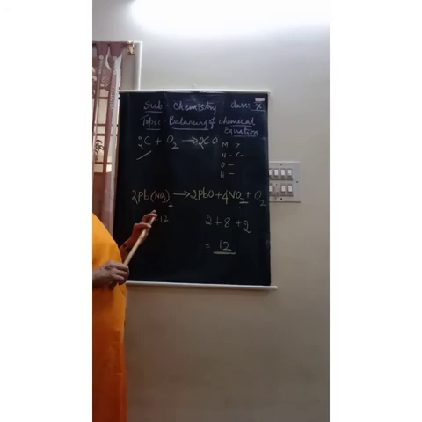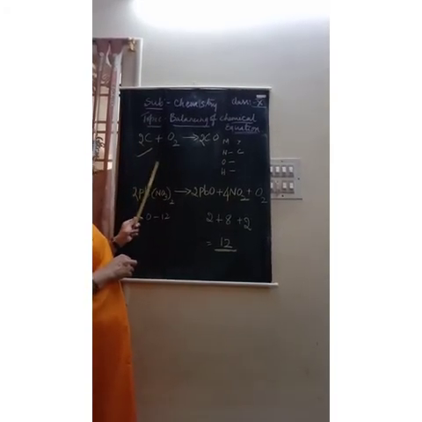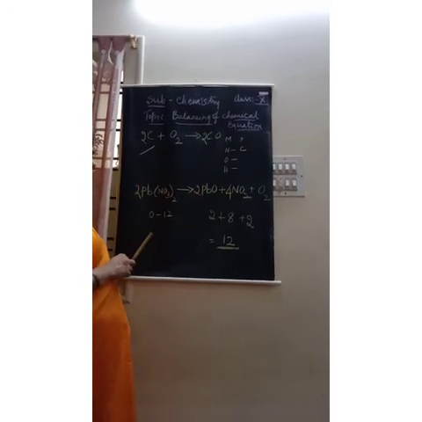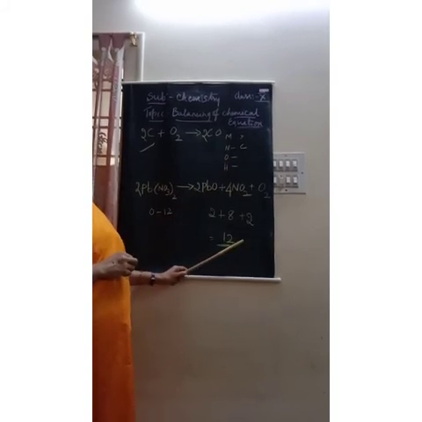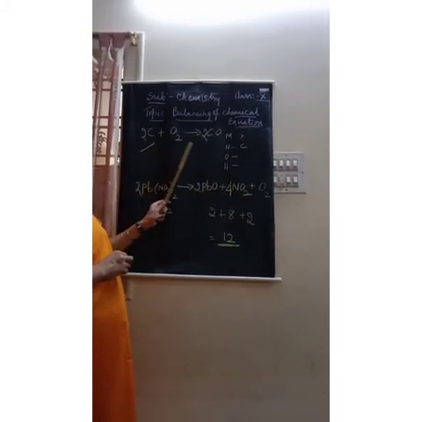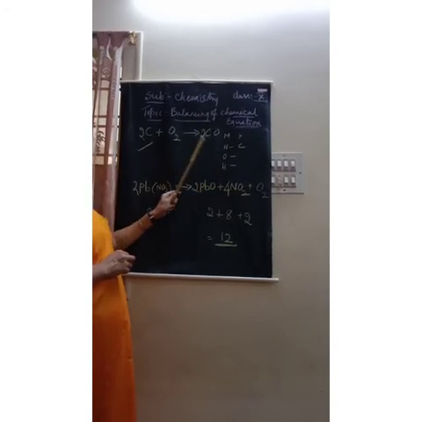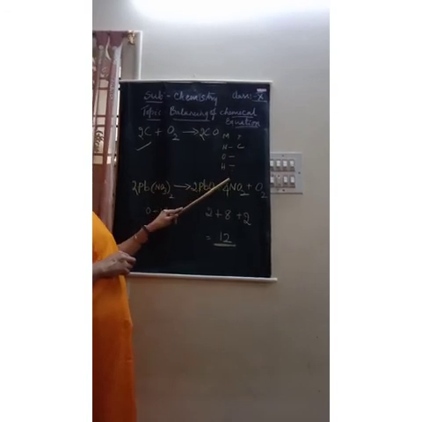One is the textbook method. First we have to note down the LHS and RHS. Next, note down the atoms present in the LHS, and the atoms present in the product side. Later on, follow the steps I have shown. Second methodology: identify the metals, identify the non-metals, oxygen valency and hydrogen valency.